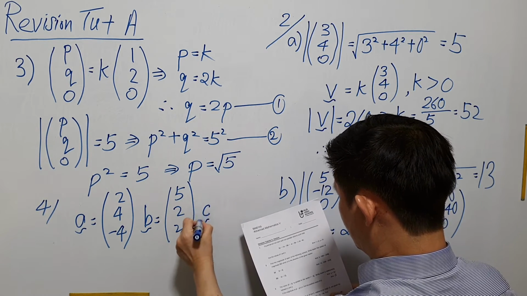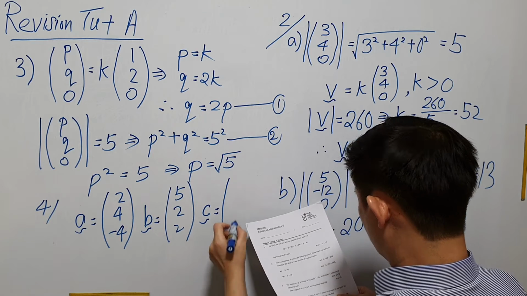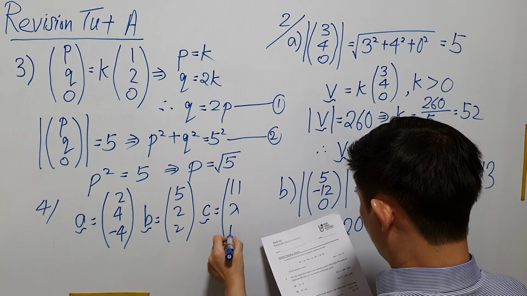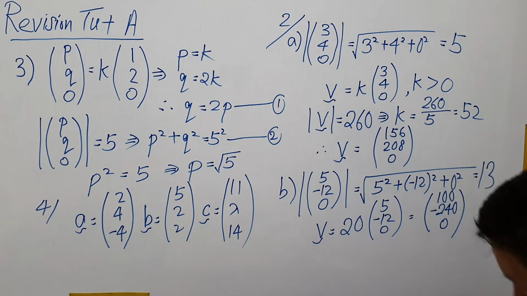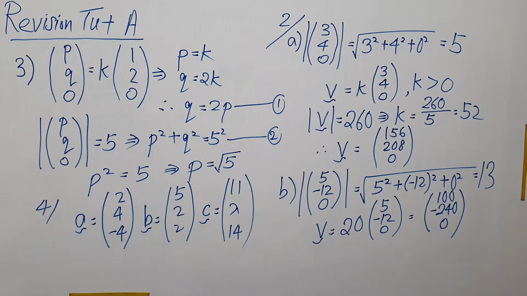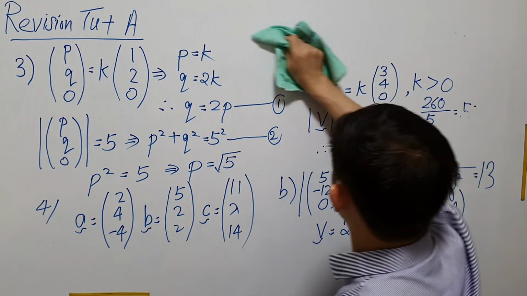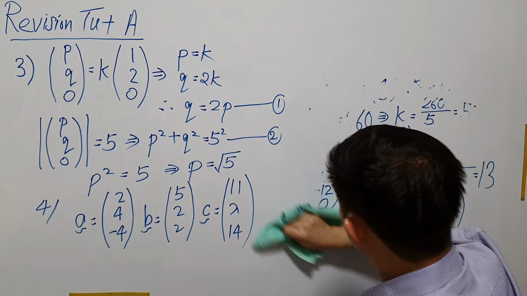And then the vector c is equal to 11, lambda, and 14. Let me check that they are correct first: 2, 4, minus 4, 5, 2, 2, 11, lambda, and 14.